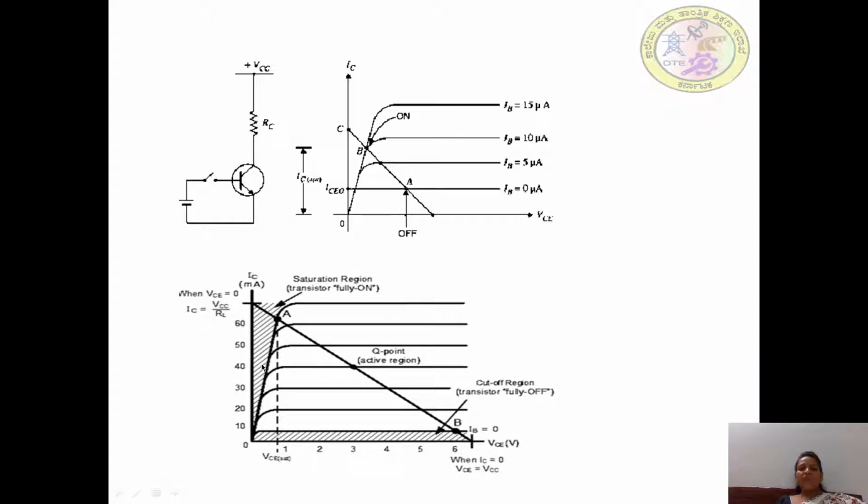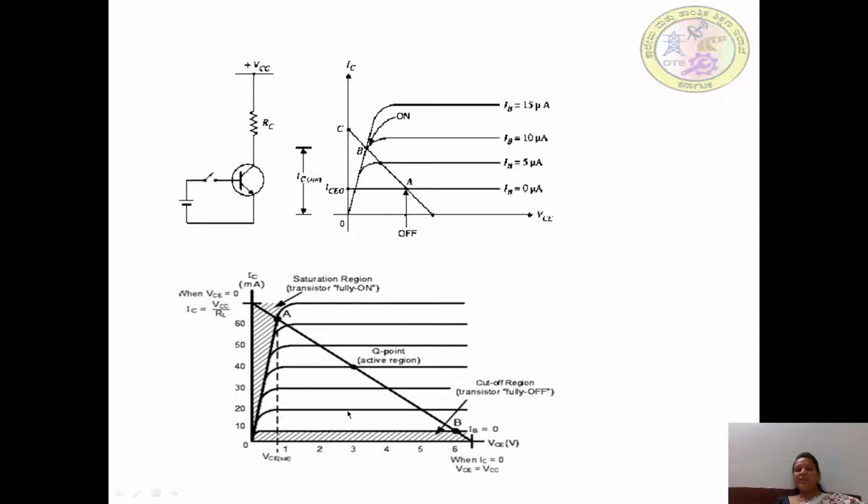The hatched area beyond the saturation point A is the saturation region when the transistor is fully on, and the hatched area below the curve IB equal to 0 is the cutoff region. So both the cutoff and the saturation points are fixed points, and the area between point A and B is the active region.